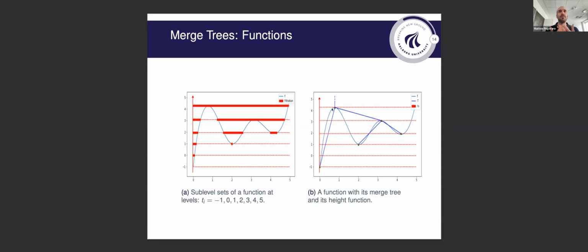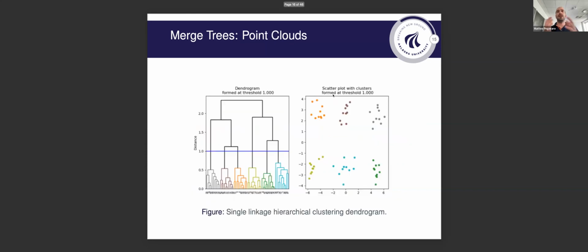Without giving a formal definition, we can still see that a merge tree in the end is just a tree with a height function defined on the vertices, which respects the poset structure of the tree, and the root of the tree is at height infinity. Clearly, we have started a merge tree from the sublevel set filtration.